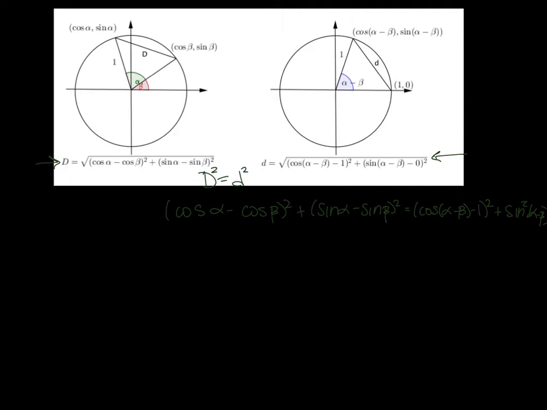I left off the 0 there because alpha minus beta minus 0 is just the sine of alpha minus beta. And when we square it, remember the square goes by the sine.